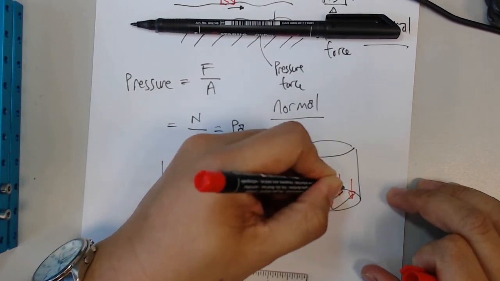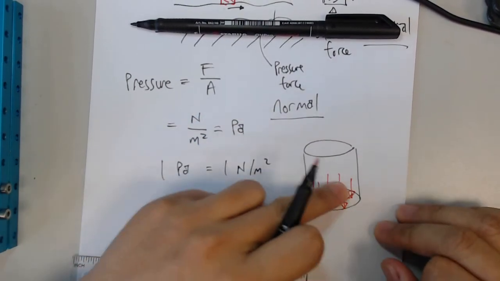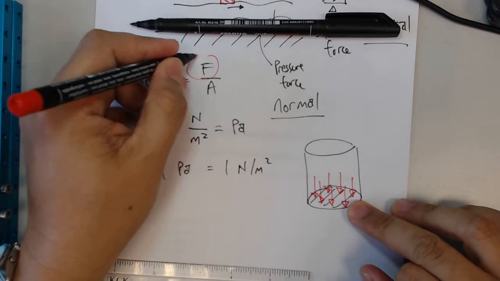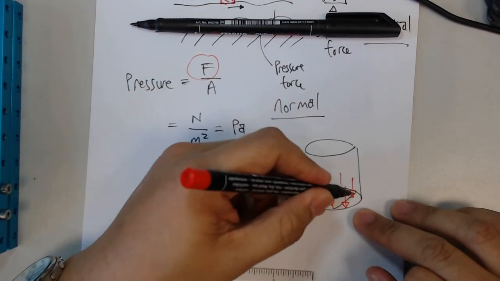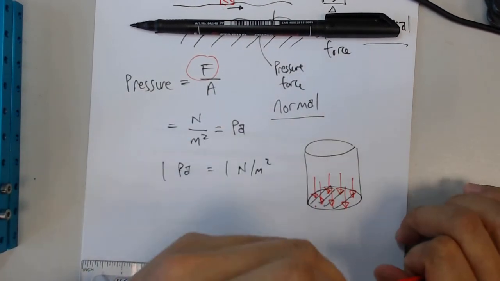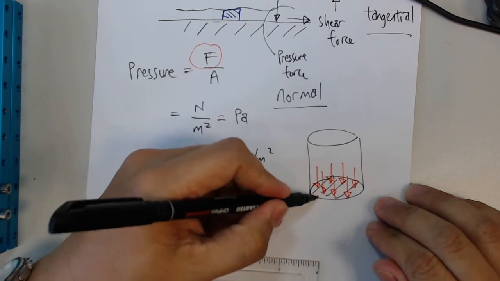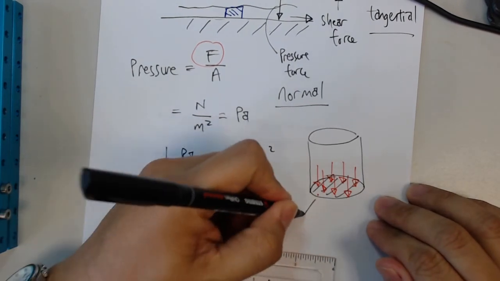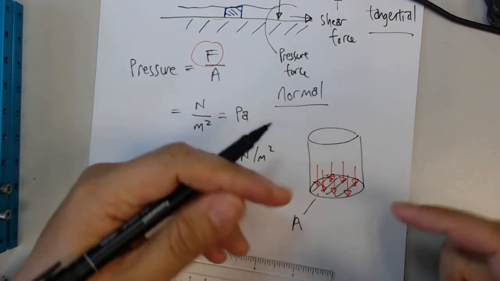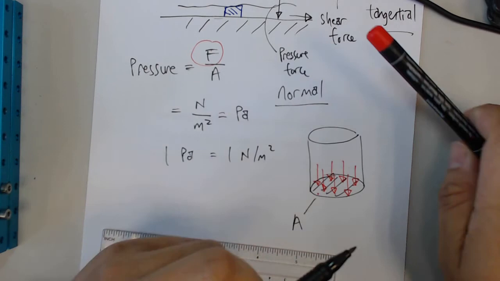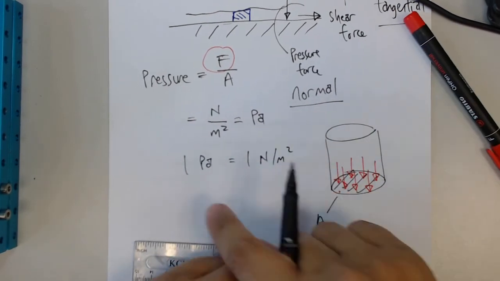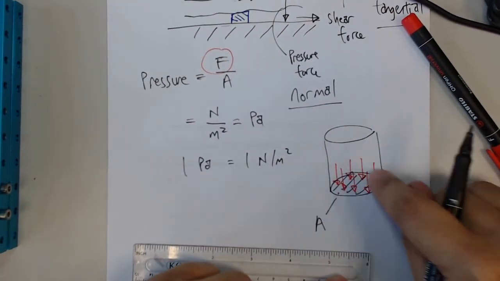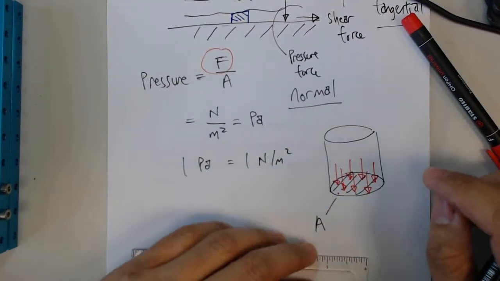This will be the pressure force, and this is your F here, and this shaded black region will be the area. That disc area will be the so-called area. So 1 Pascal will be the force divided by this area, 1 Newton per meter square.